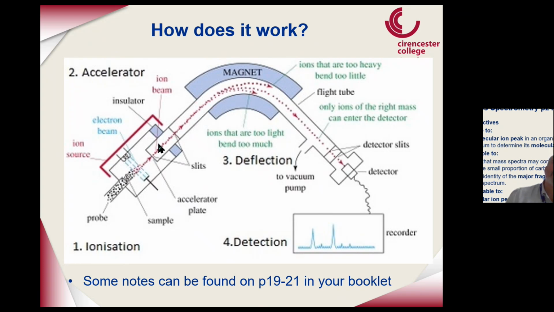We have slits in here, so they'll go through the slits, and they'll go down the mass spec machine, and then under the power of an electromagnet, they could be bent, and that relates to their mass and their charge. How much they get deflected is dependent on their mass to charge ratio. They then come down to the end of the machine, they're detected by a computer, and we get a graph. So we have our detection.